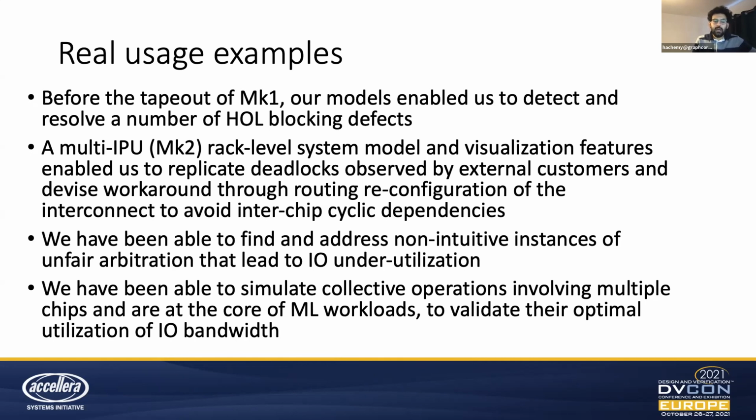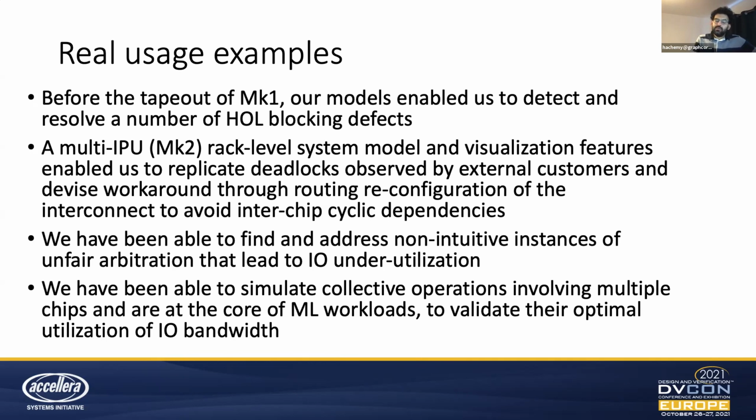Also, we have been able to find and address non-intuitive instances of unfair arbitration. You have all kinds of unfair arbitration when you have rings, and this is what we have, and this will lead to I/O underutilization of the chip, basically.